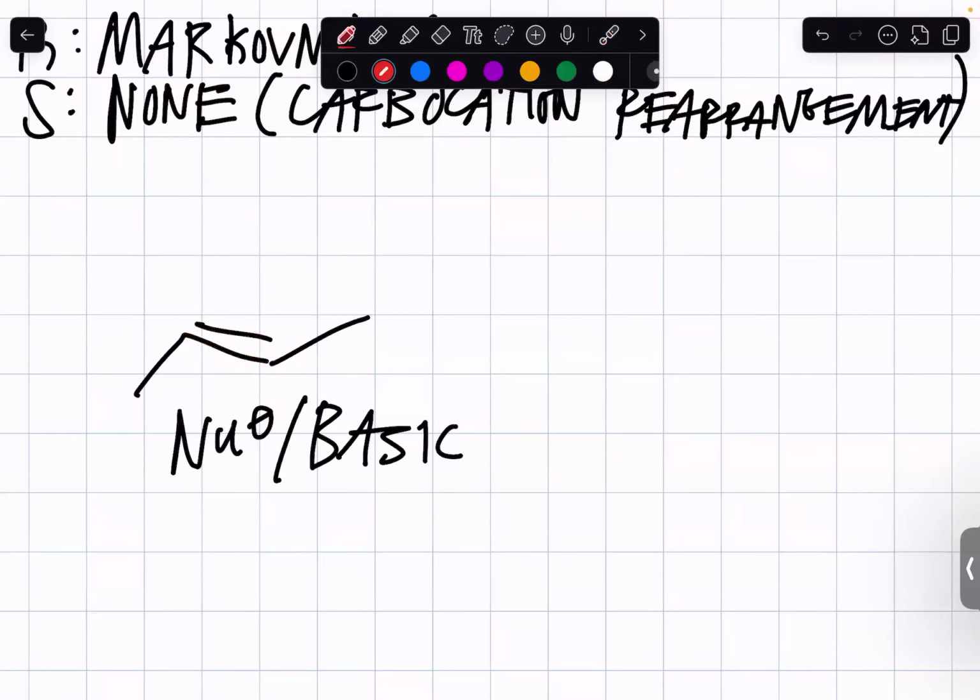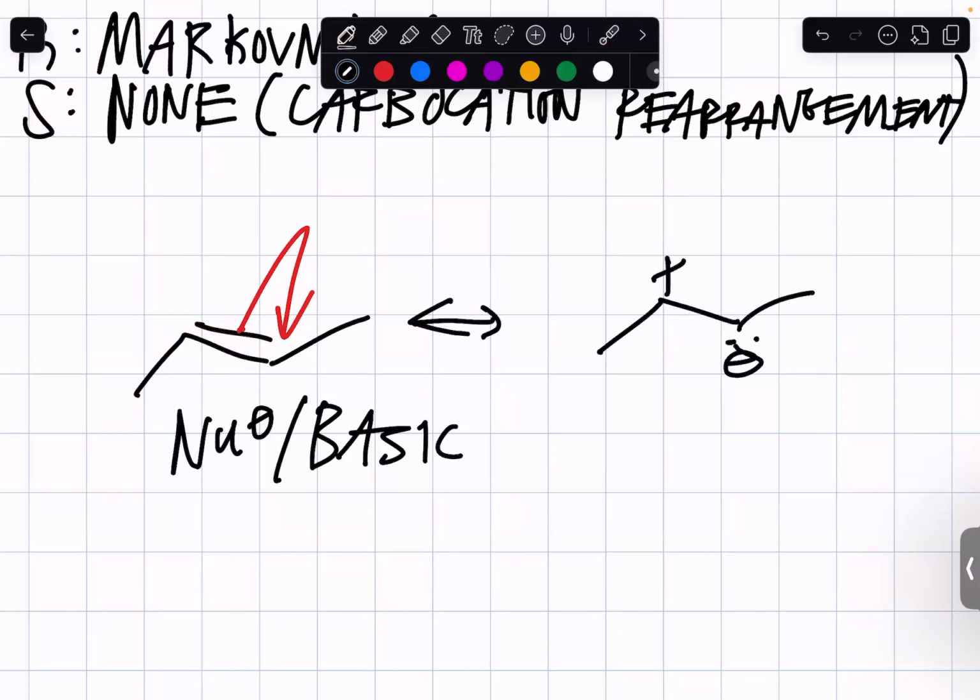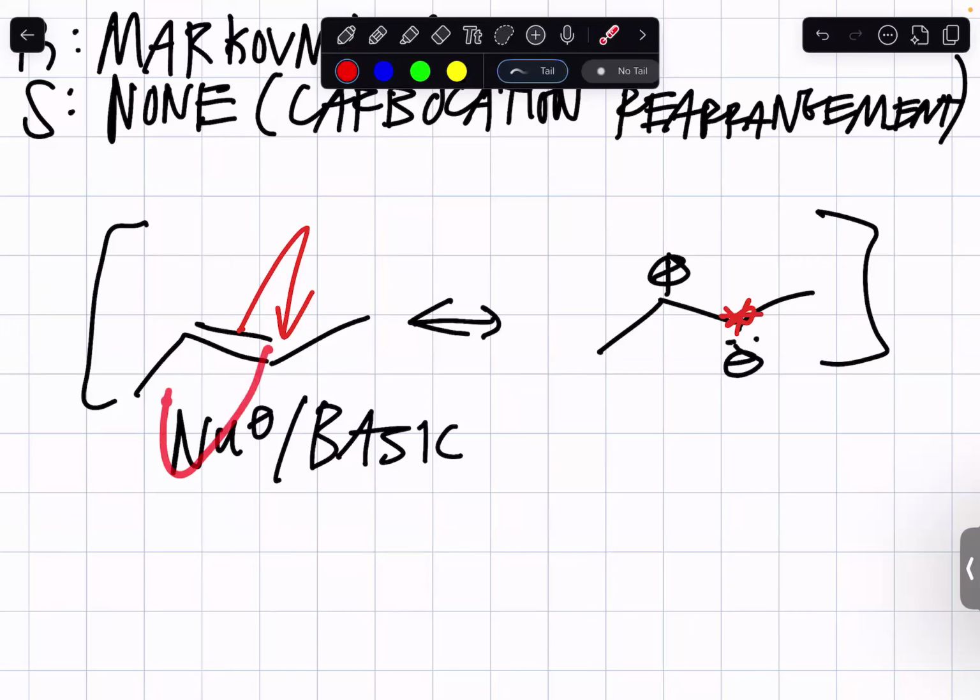And we could easily see that through resonance, because this bond here has two electrons. If we move those two electrons onto that carbon right there, that carbon would be negatively charged and this carbon here would be positively charged. We could say that this carbon here can be the nucleophile, or if we moved it the other way, this carbon here could be the nucleophile, right?